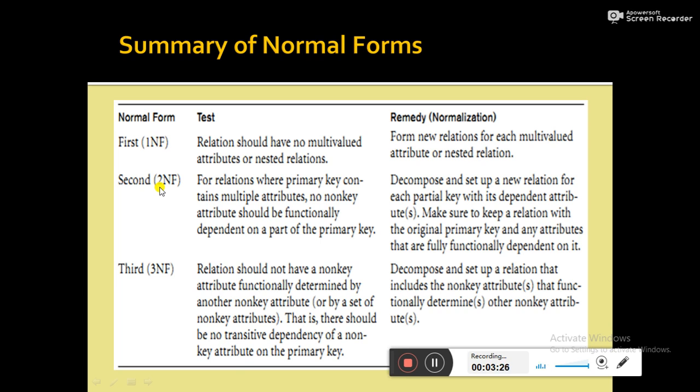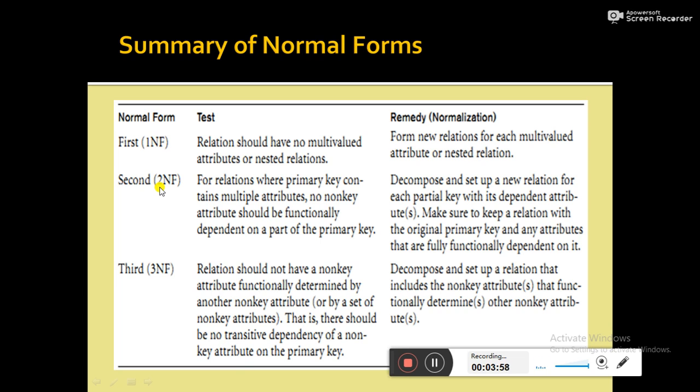As we already know, non-prime attributes are the attributes that are not a part of a candidate key or primary key. So all such non-prime attributes should be fully functionally dependent on the entire composite key, not just part of it. If any one of the non-prime attributes is partially dependent on the composite primary key, then the relation violates 2NF; the relation is not in 2NF.